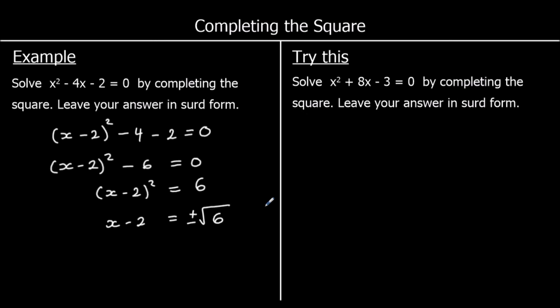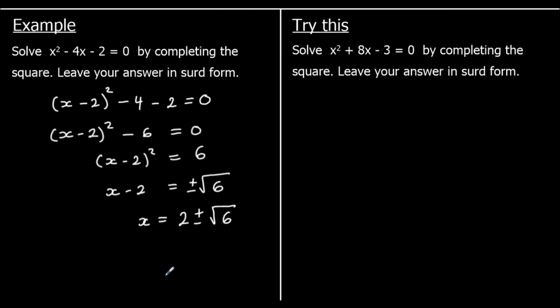So that's where our two different answers are going to come from. And plus 2 to both sides will get x by itself. So x is going to be, I'll write the 2 on the front, 2 plus or minus the square root of 6. So we've got two different answers. Either x is equal to 2 plus root 6, or x is equal to 2 minus root 6.